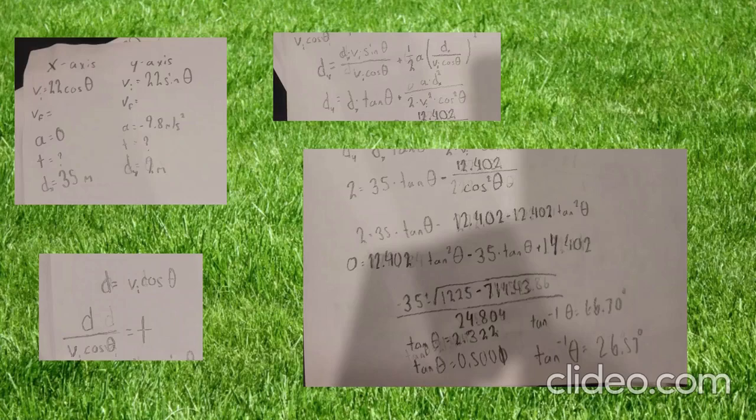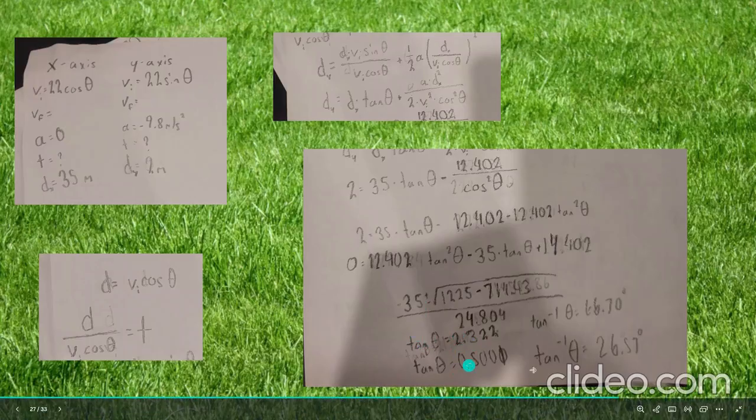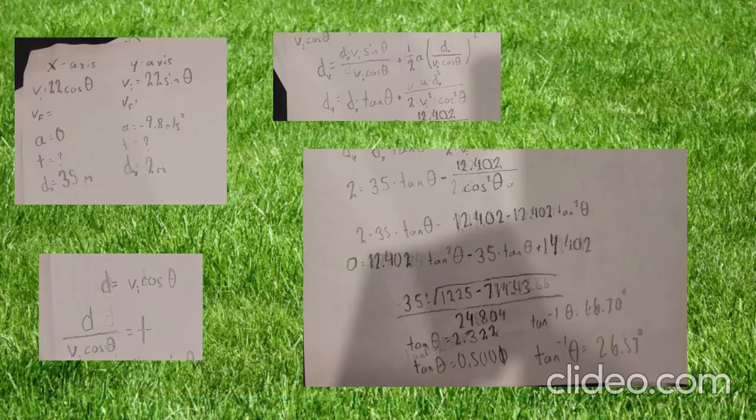It's really cool, I thought. Once again, I'm learning all this from a video, so I hope it's legit. Maybe the video is lying to me. But we're going to have this and this, and that gives us two different numbers, 66.70 and 26.57. If you're taking a shot and you want to catch a player, and they're going to reach the player at the same speed, I think we're going to want to take the shot that's higher up, just a hypothesis.